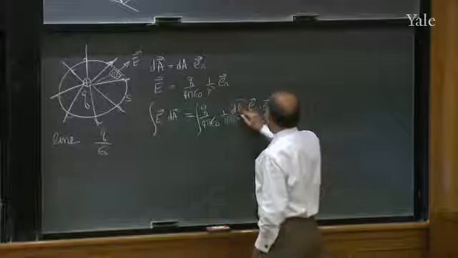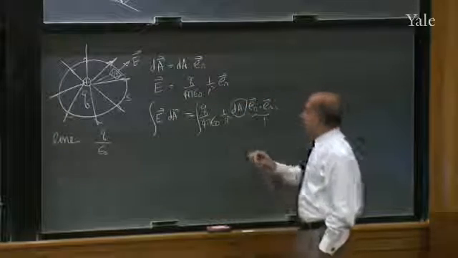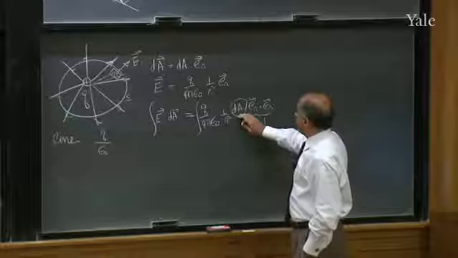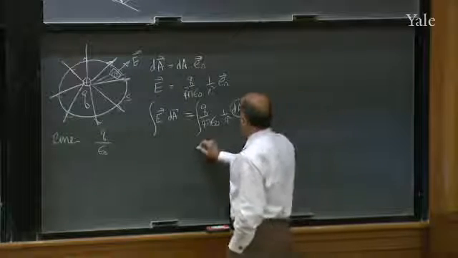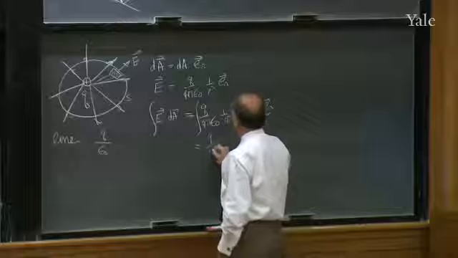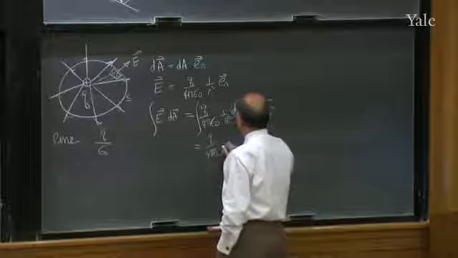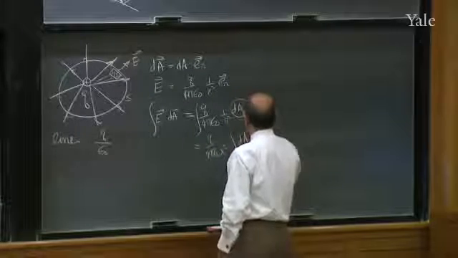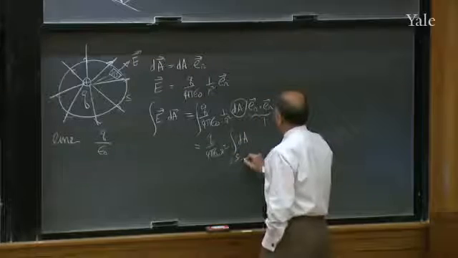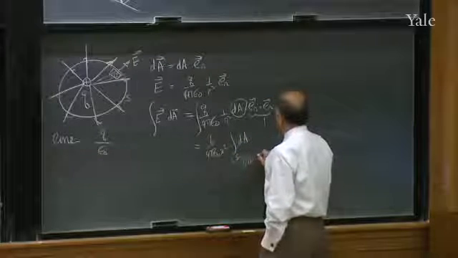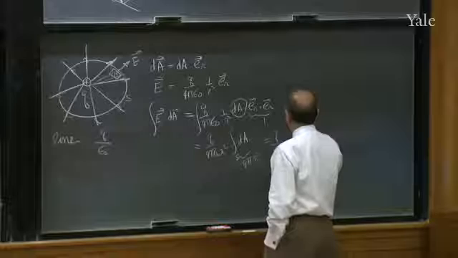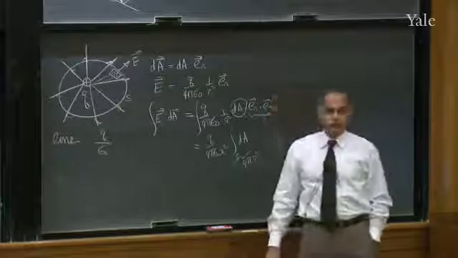If you add up all the lines, you must add up all the dAs. The sum of all the dAs on a sphere of radius r is just... Q over 4 pi epsilon 0 R square times the sum of all the dAs on a sphere, that is just 4 pi R square. So you get Q over epsilon 0.